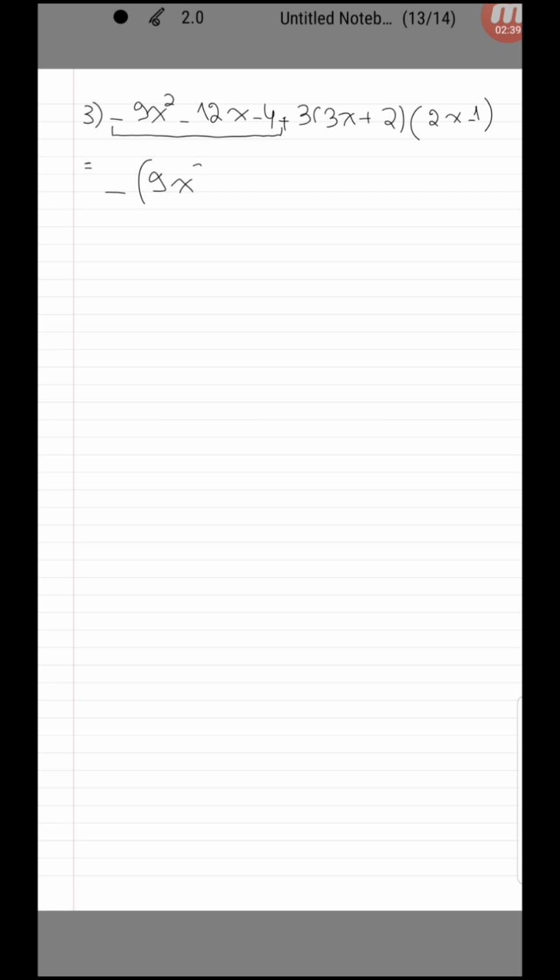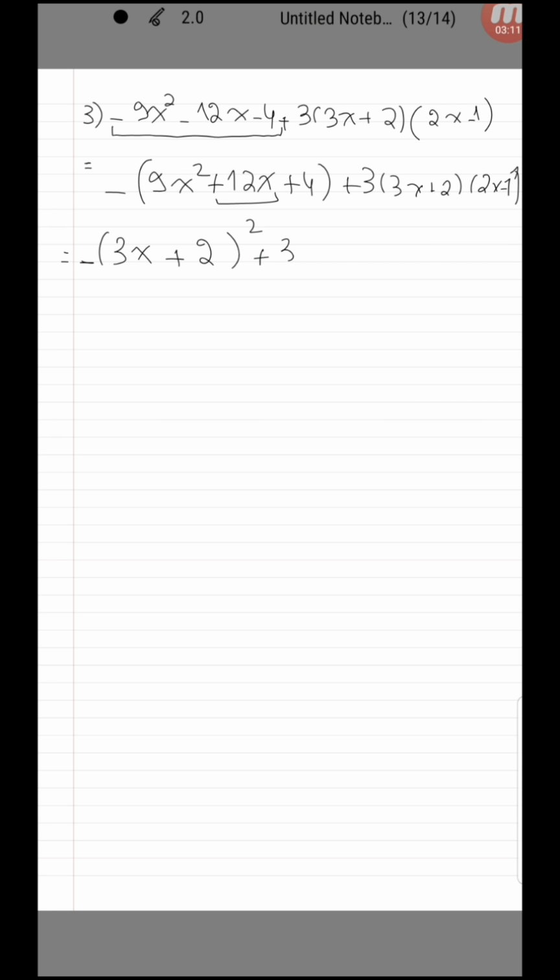So 9x squared plus 12x plus 4 plus 3x plus 2 times 2x minus 1. Now equals minus 9x squared plus 12x plus 4. Radical 9x squared is 3x, radical 4 is 2, plus, squared. 2 times 3x is 6x, times 2 is 12x, so correct.